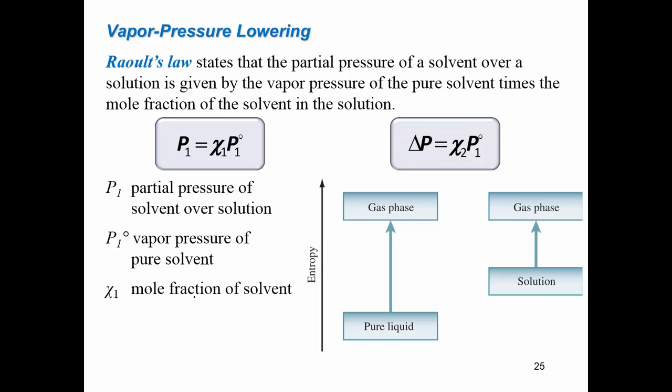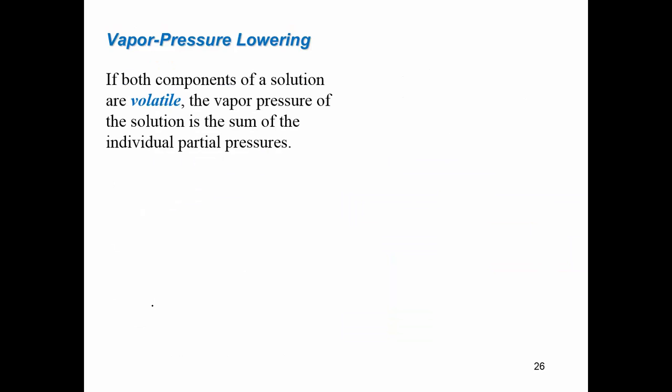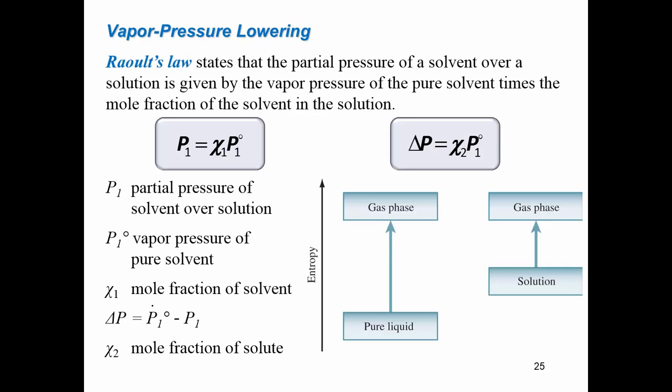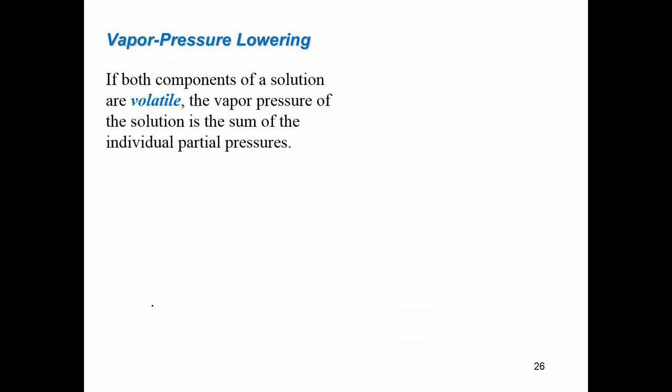The change in partial pressure would then be equal to this change with the second mole fraction of the solute. We'll put that in perspective with some problem solving. Don't worry. Just understand what Raoult's law states, and we'll work the problems from there.